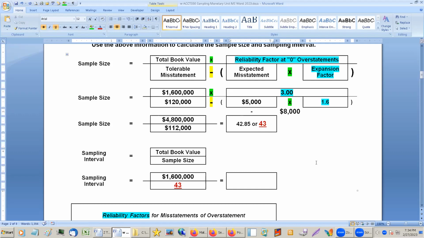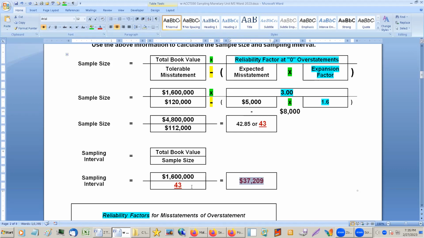I'm gonna round off to the nearest dollar. 37,209, 30 cents, something like that. I'm just gonna leave it at this. So that would be our interval.